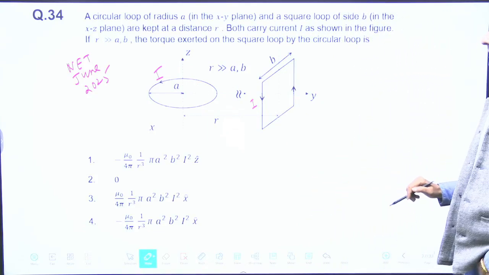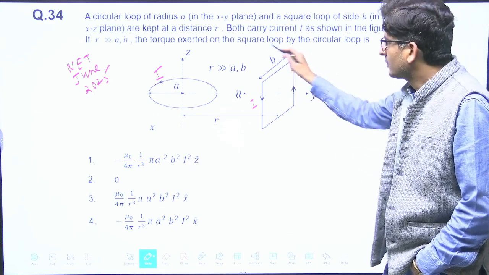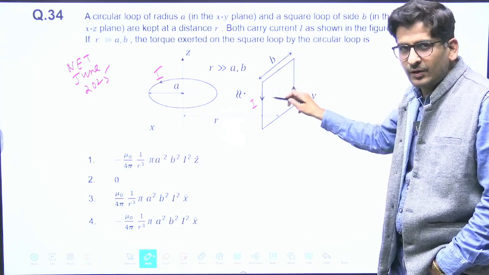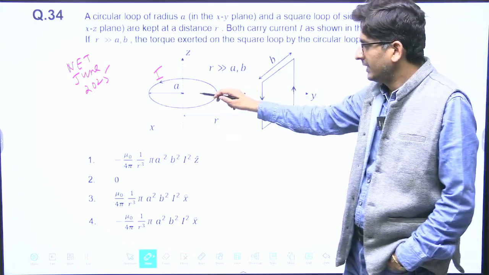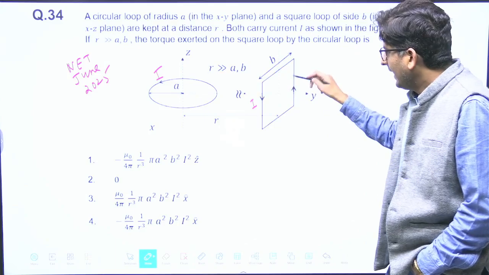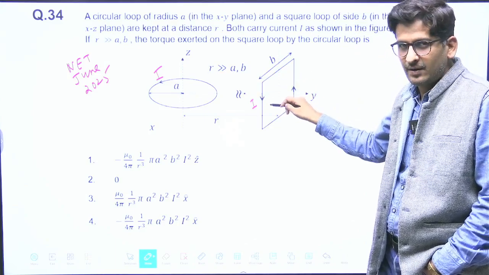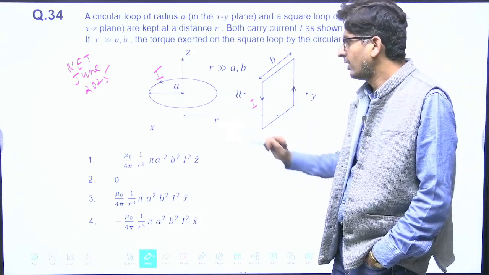And they have asked about the torque exerted on the square loop. So I have to calculate the torque on this by the circular loop. That means this will create a magnetic field and this is kept in the magnetic field of this circular loop.